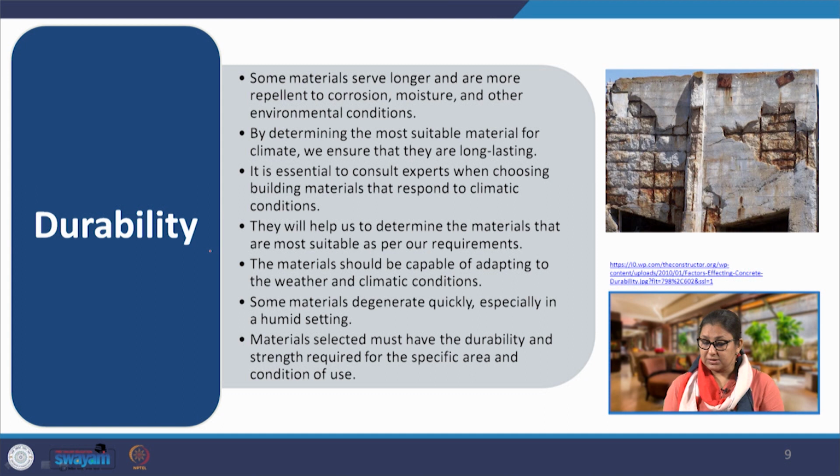Then durability. Again, we are talking about the life of this material. How long can this material serve? How durable is it? So, for example, if you look at materials such as brick, the fired clay brick I am talking about, if it has been manufactured properly, it has a very long life.